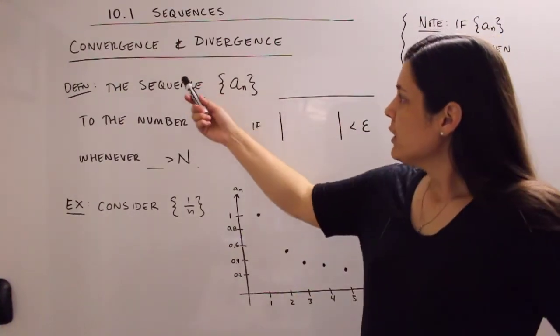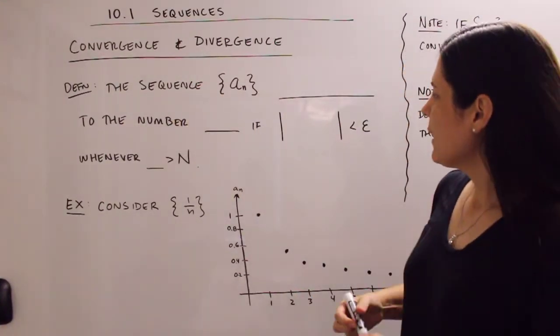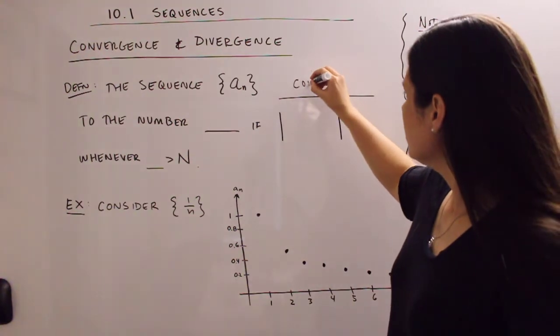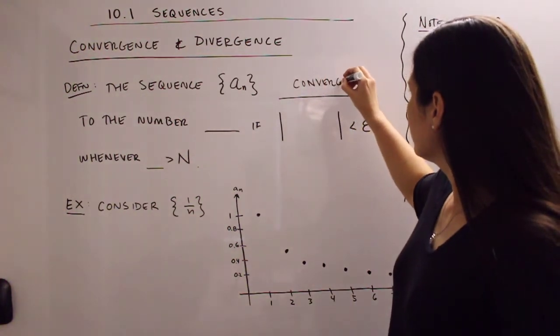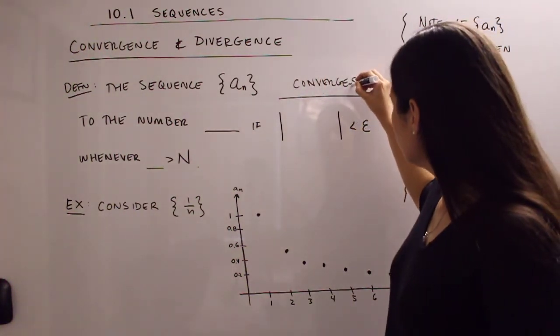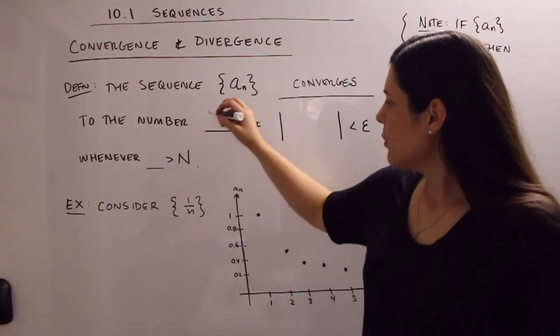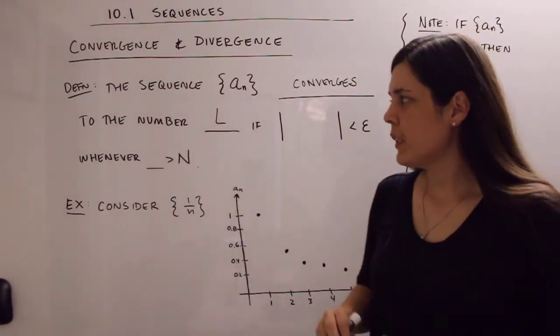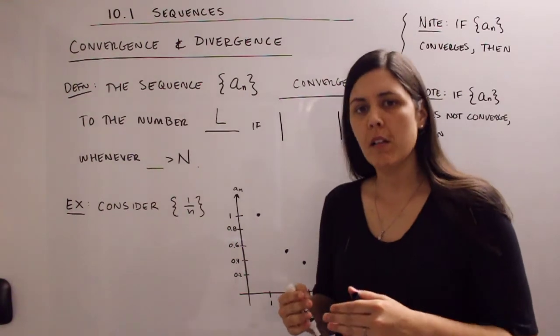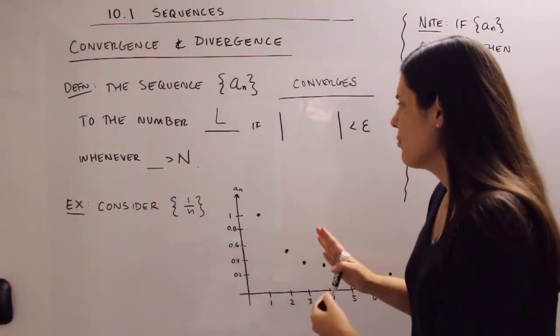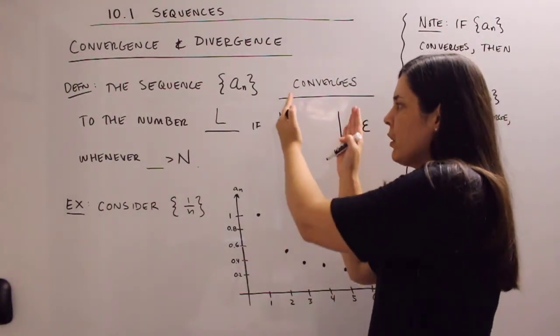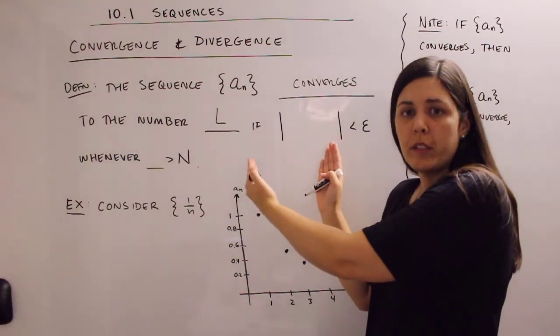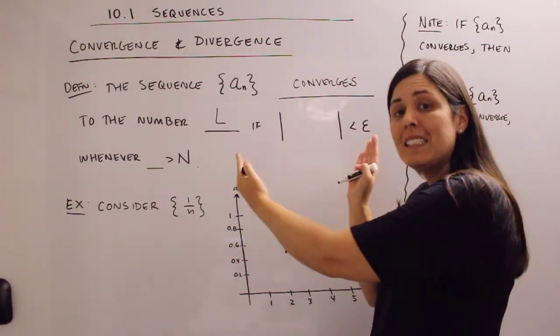So convergence and divergence: the sequence a sub n converges to a certain number. We're going to call that number L. So it converges, or approaches, this number L if the following is true. So notice I have absolute value bars. Before I even put what's supposed to go in there, that represents a distance.